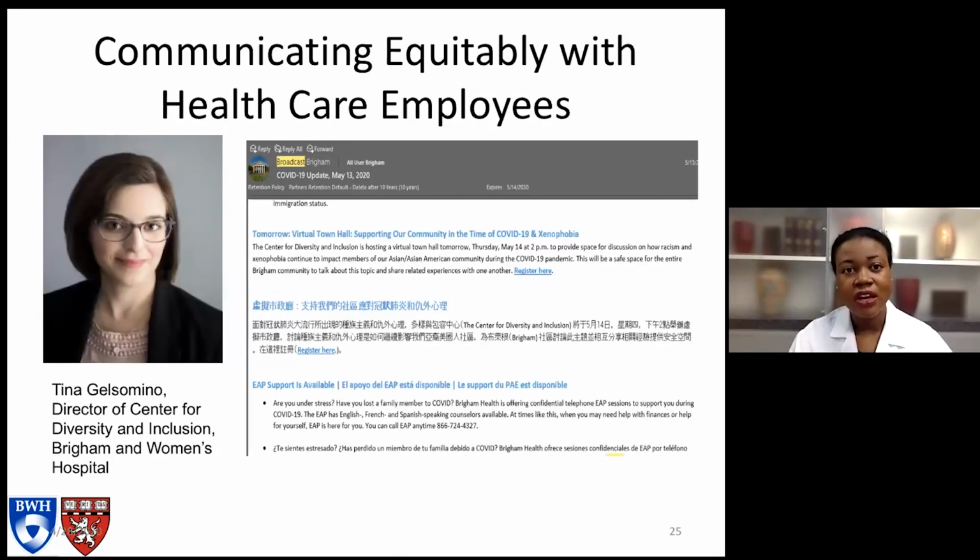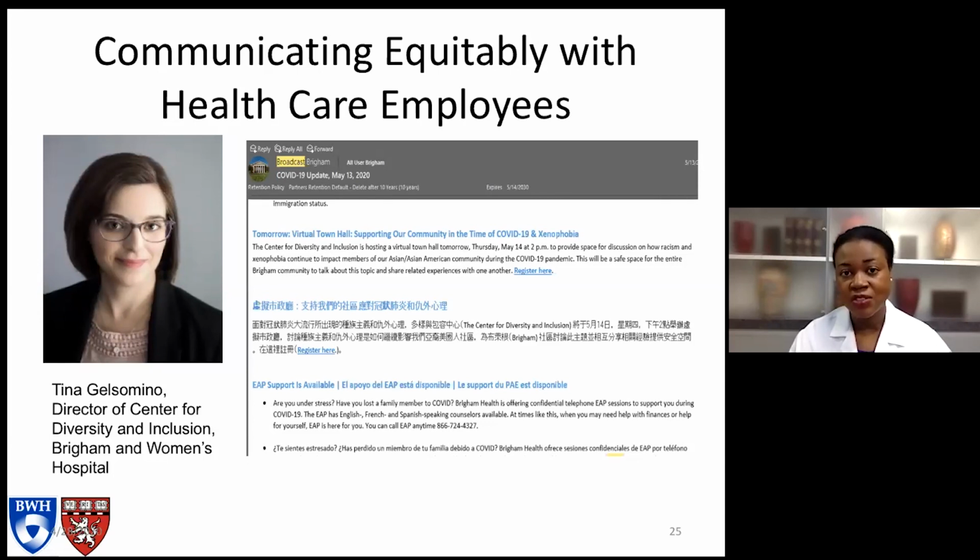In addition to this community health outreach, communicating equitably with healthcare employees was also a central part of our healthcare response. Our director for the Center for Diversity and Inclusion in our hospital organized efforts to make sure that we communicated in multiple languages with our healthcare employees.